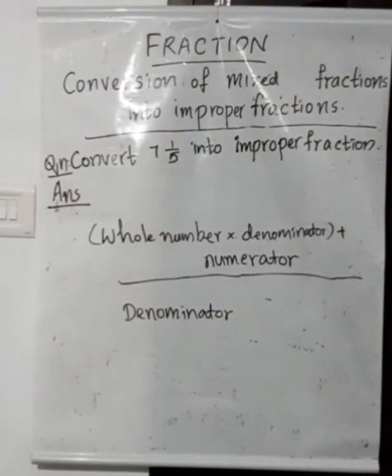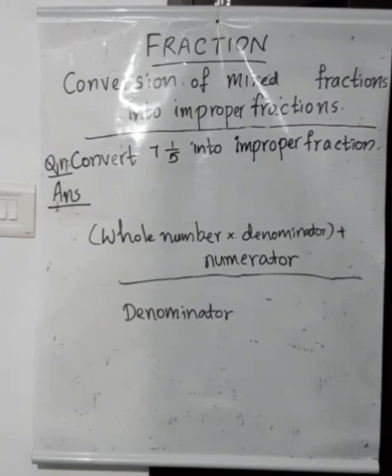What should you do there? How will you convert a mixed fraction into an improper fraction? To convert a mixed fraction into an improper fraction, multiply the whole number by the denominator of the proper fraction and add it to the numerator.